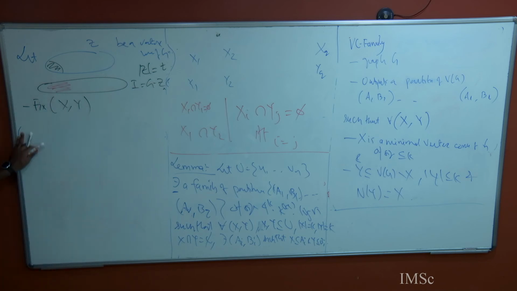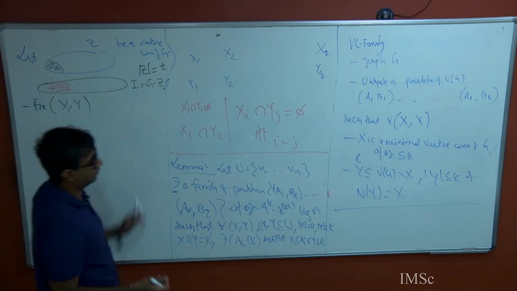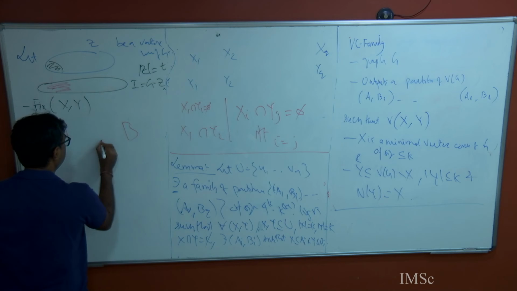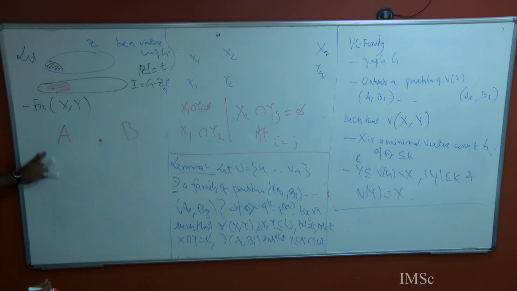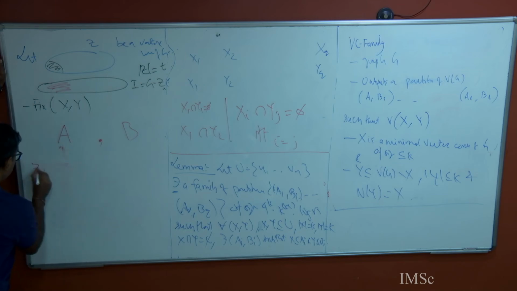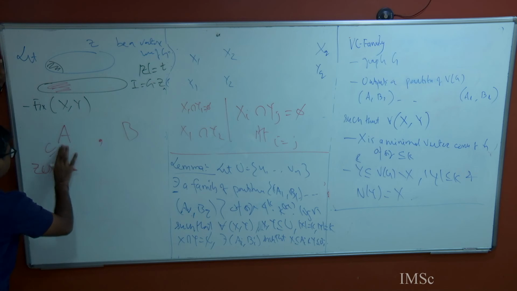Okay. But I don't know which one of them is this. Okay. So let's try to build, for this I want to build some potential A comma B, I'm trying to make. Okay. I said okay, I don't know, but first of all A must contain Z intersection X. X is contained inside this. Agreed?